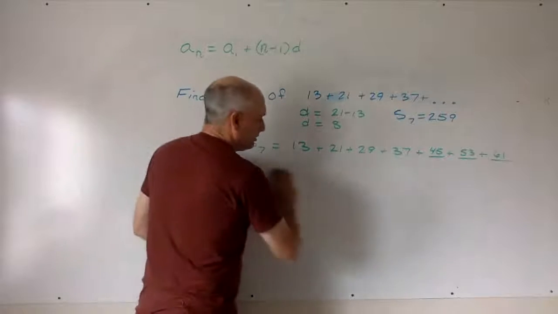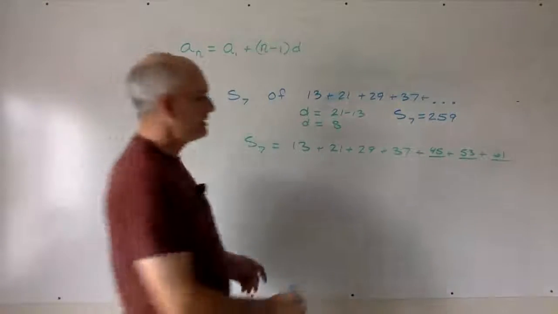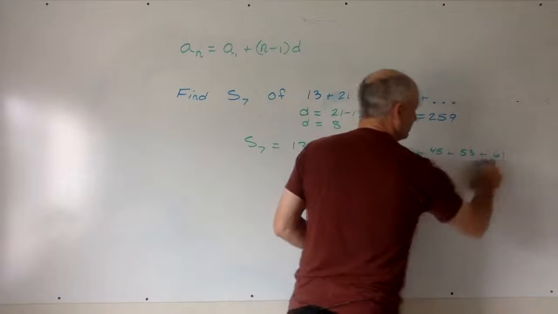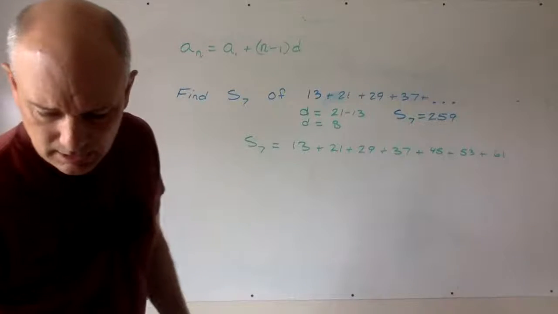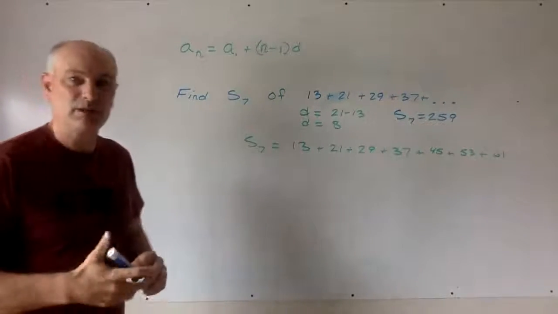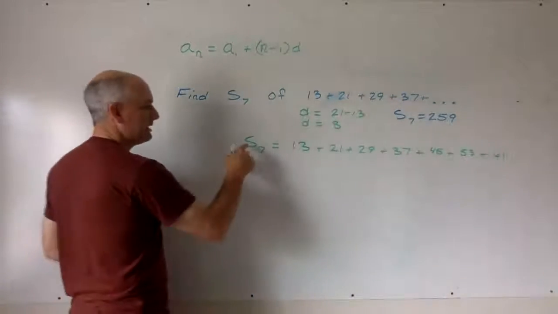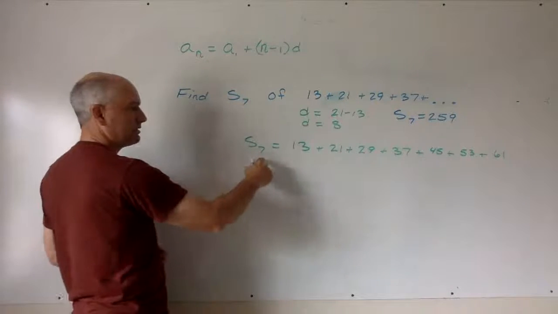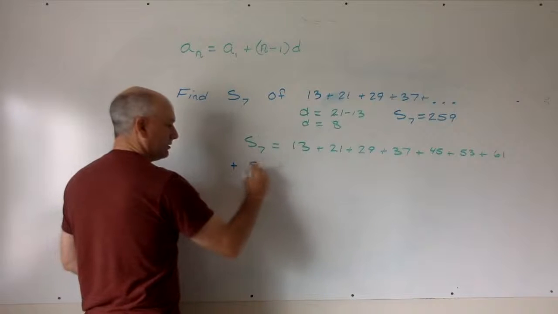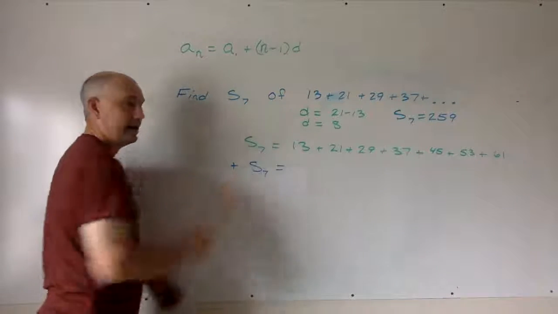So let's play with this a little bit. Let's take these same 7 terms here, and let's just say, because I can do something with it, I'm going to take this same series, S sub 7, and add it to the series that I already have here.